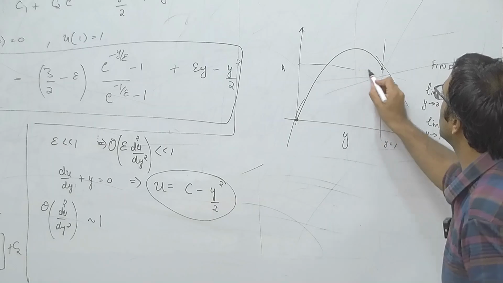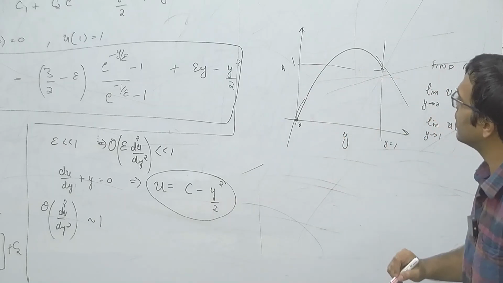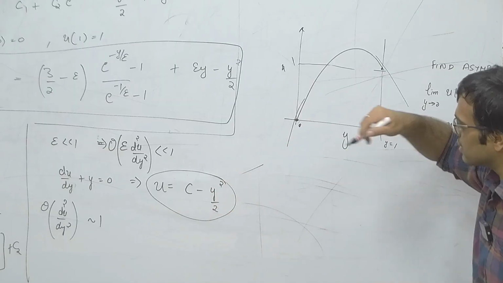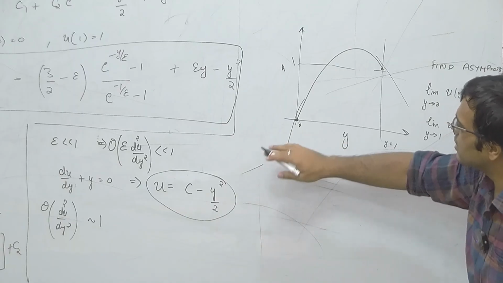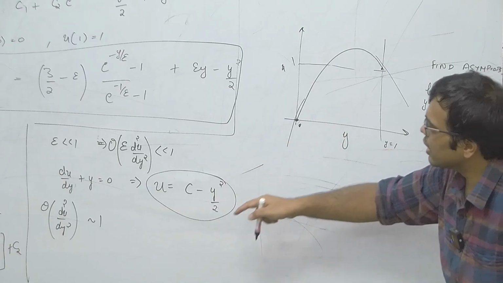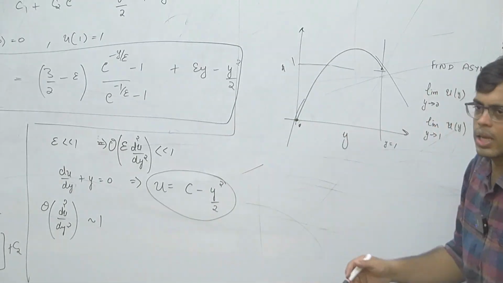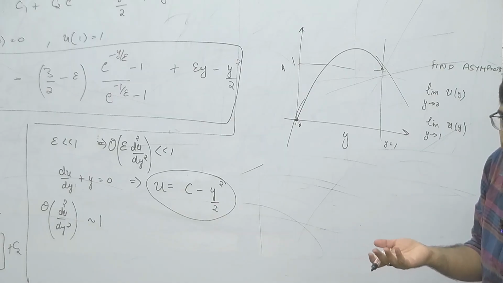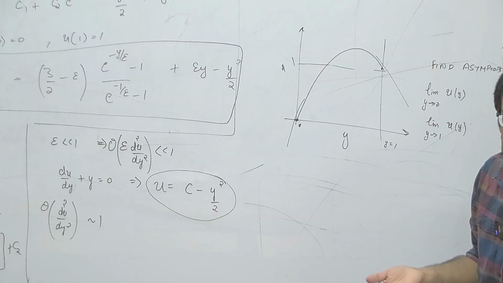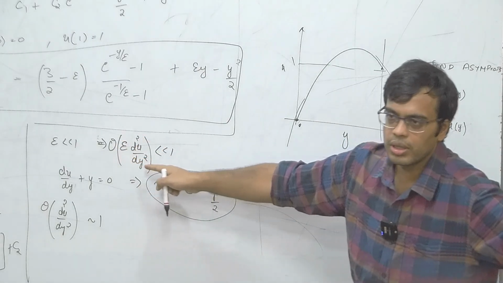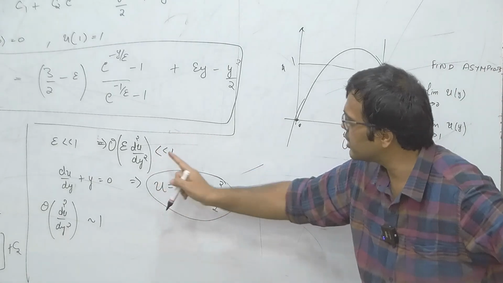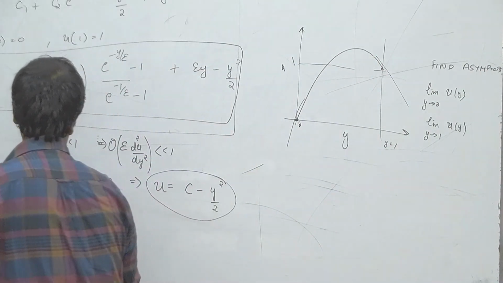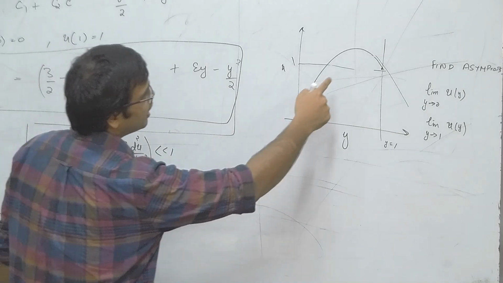The variation of u with respect to y is not very large. If it was very large, then this term wouldn't have been much less than 1.